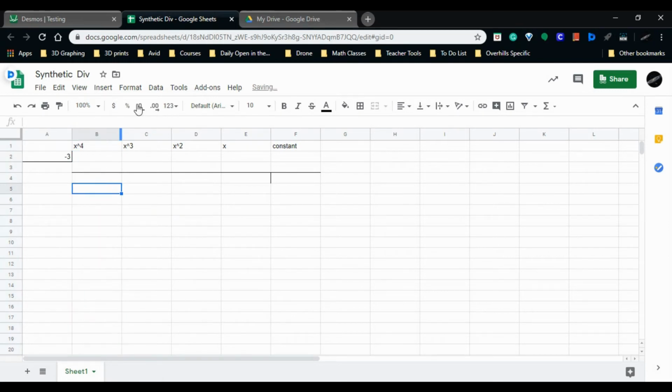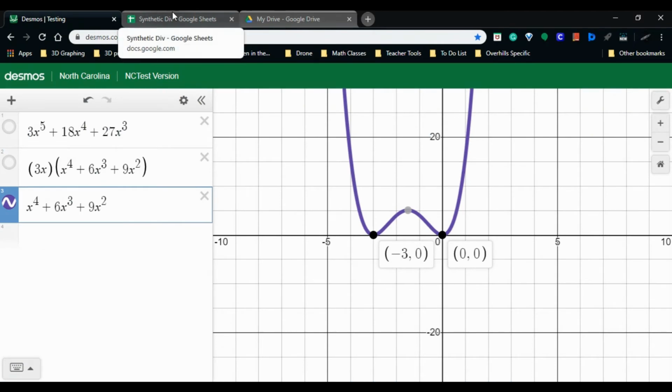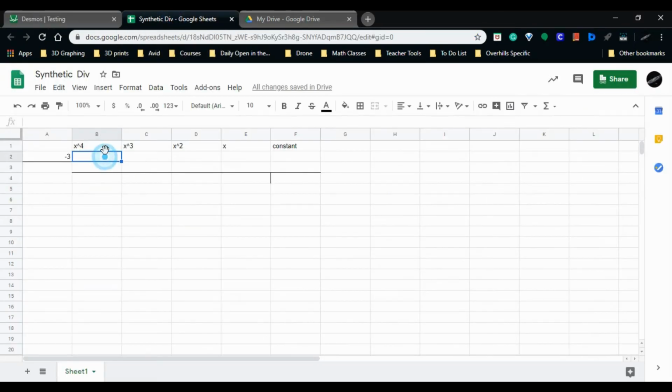Okay, so now I'm going to look at my coefficients. This is 1 for x cubed, plus 6x cubed, plus 9x squared, plus 0x plus constant.